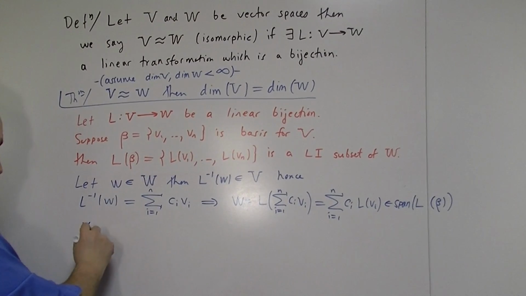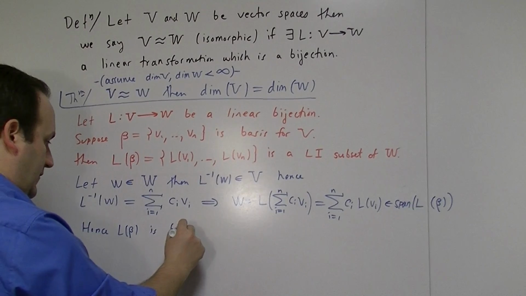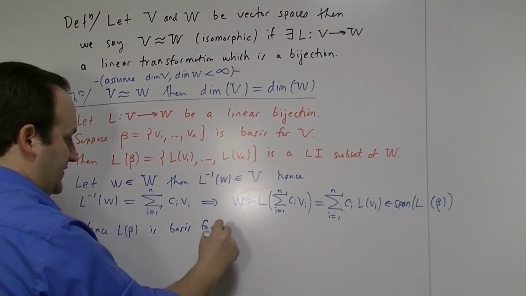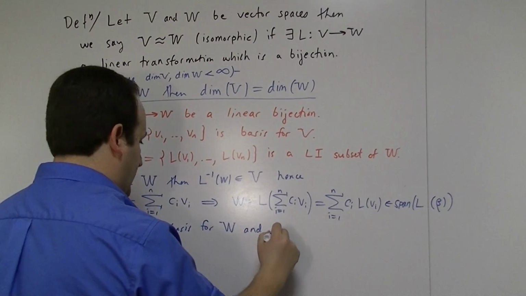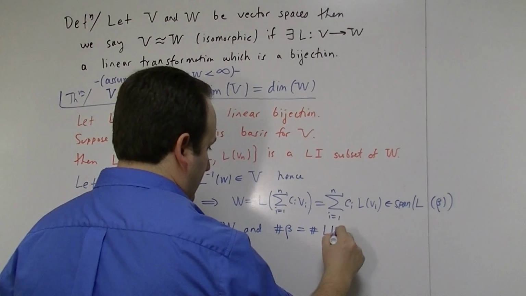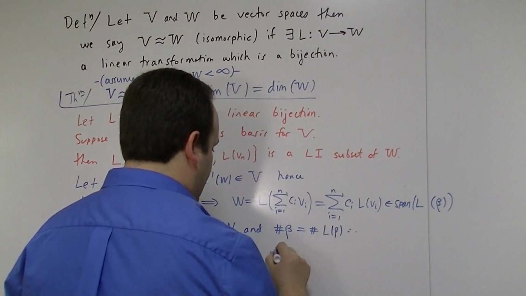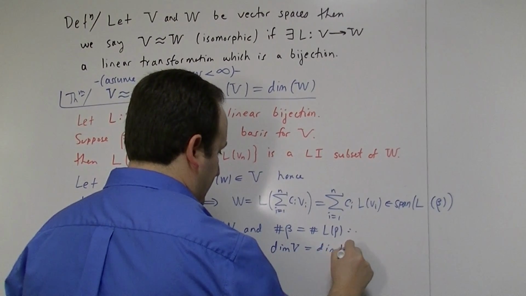Hence, L of beta is a basis for W, and so the number of things in beta is equal to the number of things in L of beta. So therefore, the dimension of V is equal to the dimension of W, as I claimed.